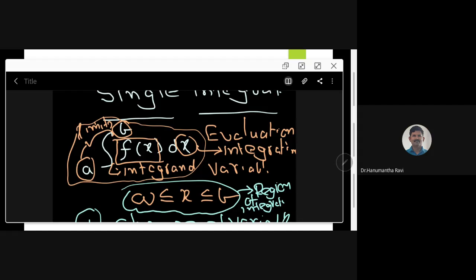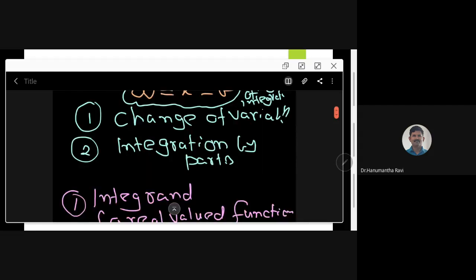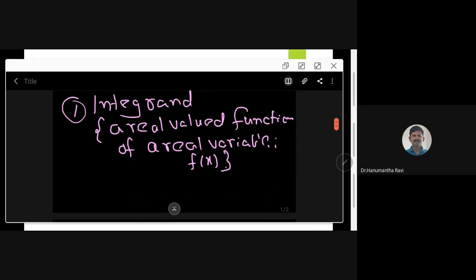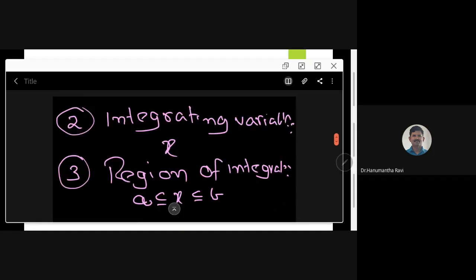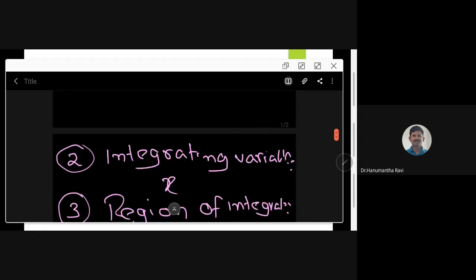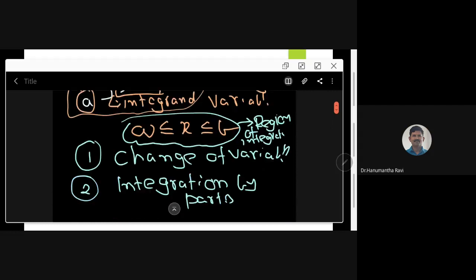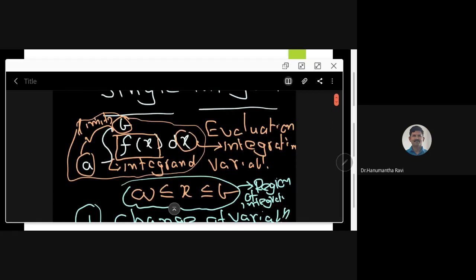That is why the idea is coined as region of integration. The integrand is a real valued function of a real variable: x is a real number, f of x is also a real number. These are the three key terms when we deal with evaluation of a definite integral.